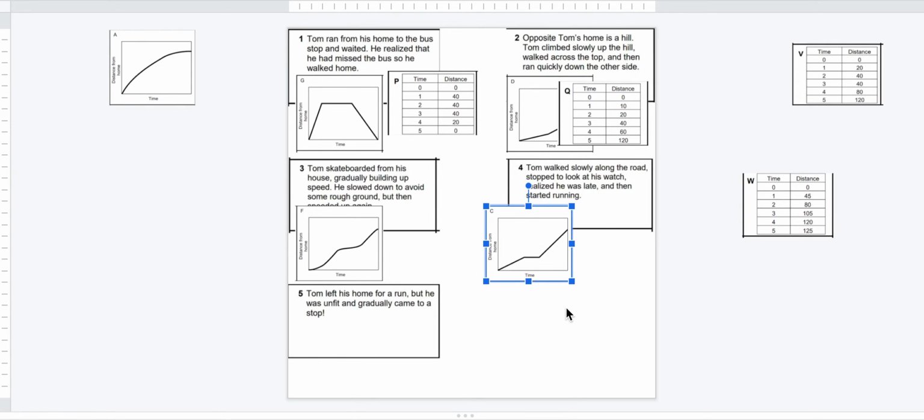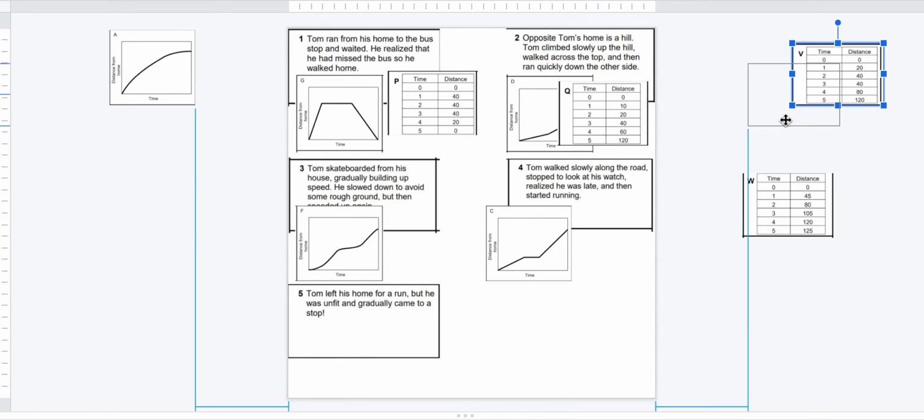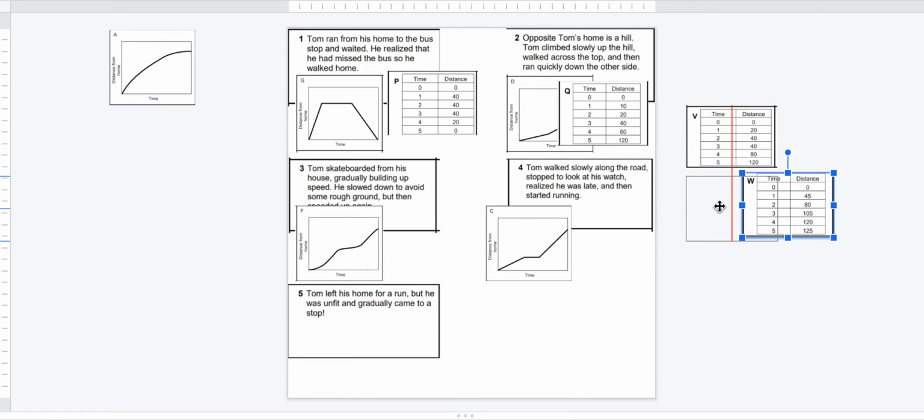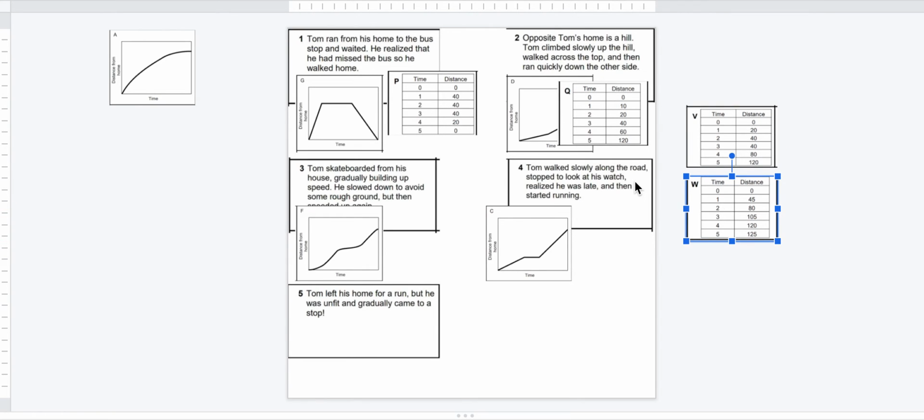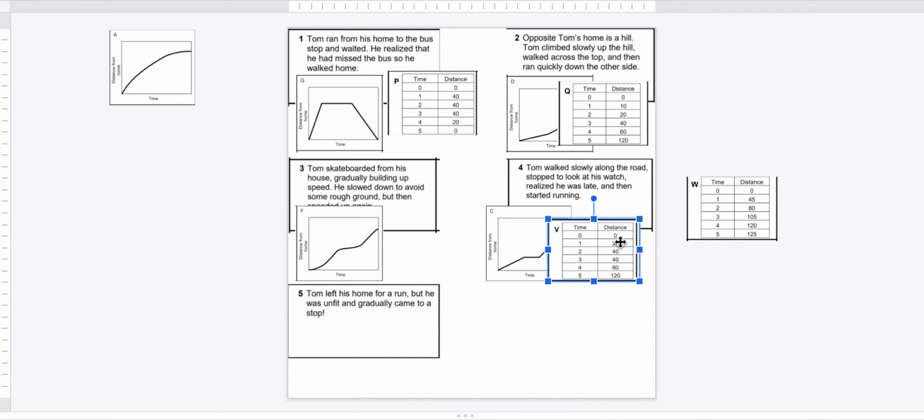See how my line gets a little more steep when I start to run, or when he starts to run. So let's look and see which one of these would make the most sense for Tom. Remember, he's walking, then he stops. So it's going to have to be V because we see 40 and 40. He was 0, then 20, 40, 40, then 80, 120 when he started to run.